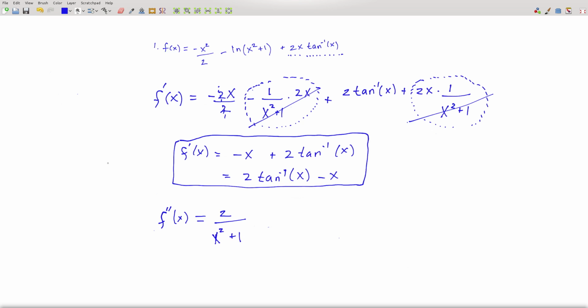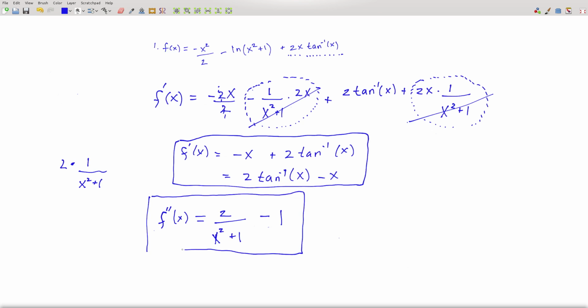I'll do it over here on the side. I may have gone a little too fast. It's 2 times the derivative of the arctangent of x, which is this, right? And then 2 times 1 is 2. And so we have 2 over x squared plus 1. No problem with that. But this, of course, here is just minus 1. So here we have also found the second derivative.